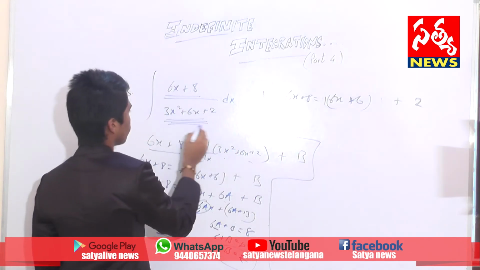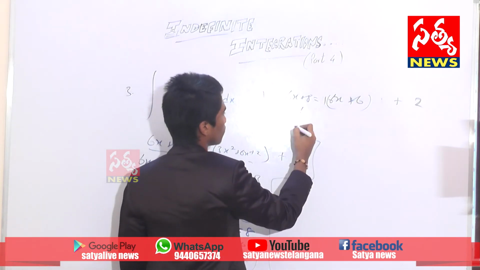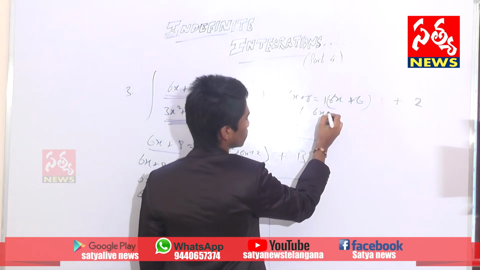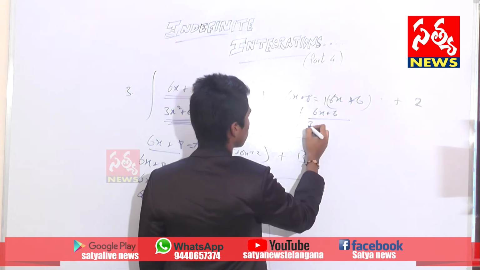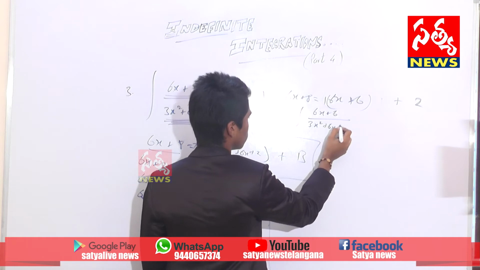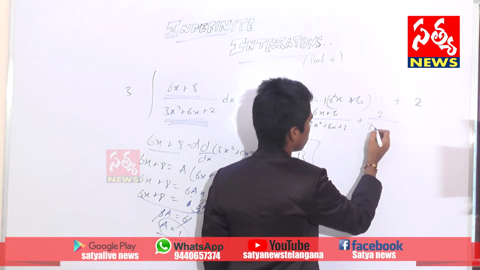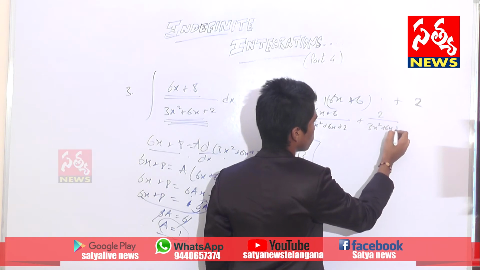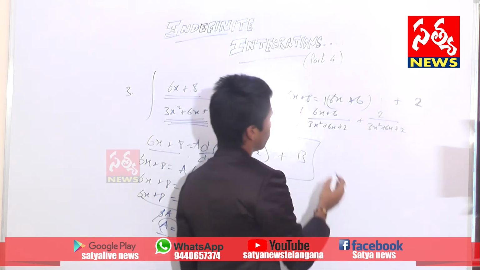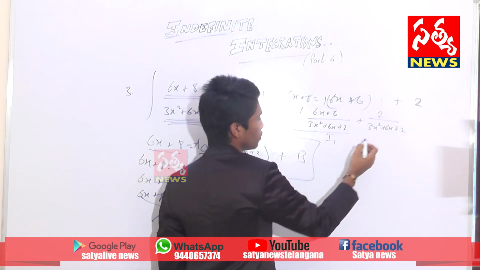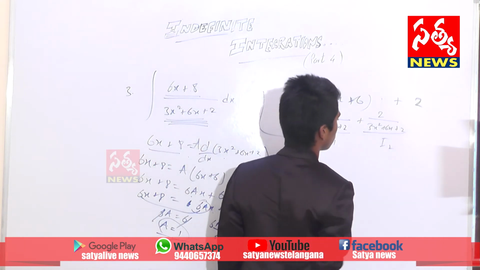Means we have to expand this as integration of 6x plus 6 by 3x square plus 6x plus 2, plus 2 by 3x square plus 6x plus 2. I am assuming this as I1 and this as I2.